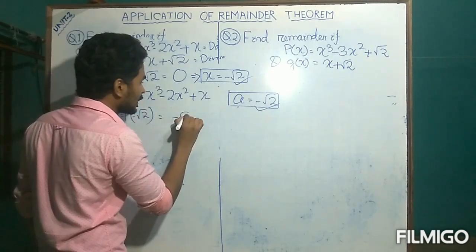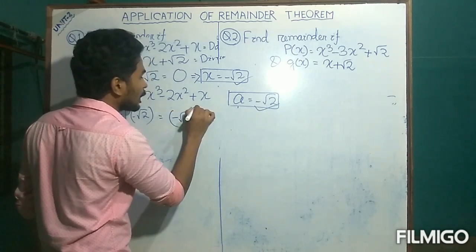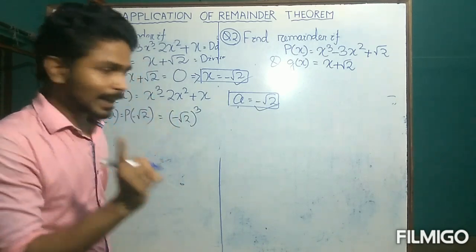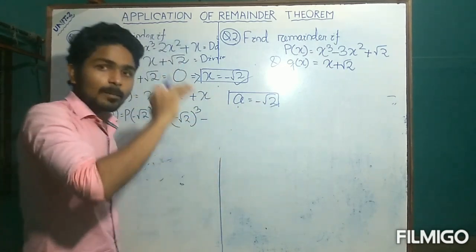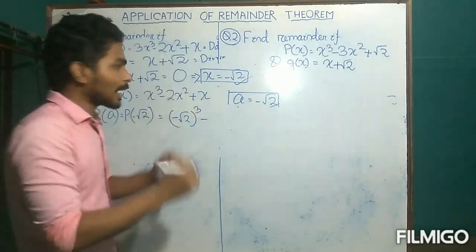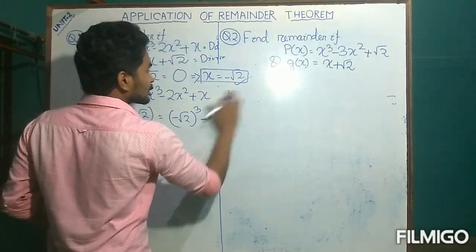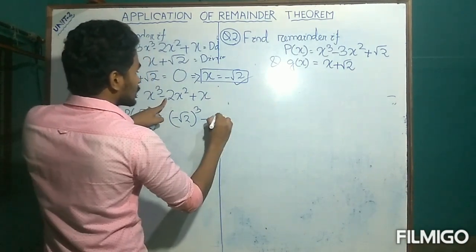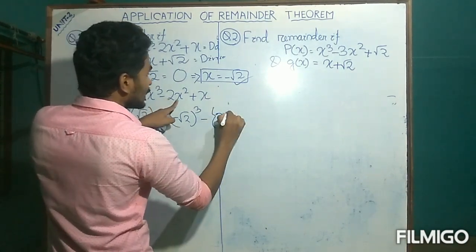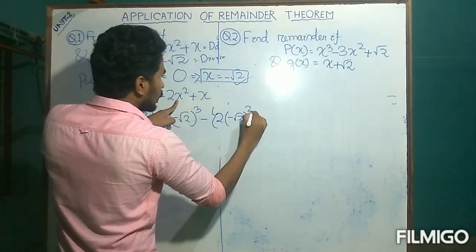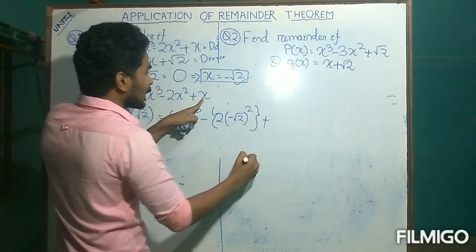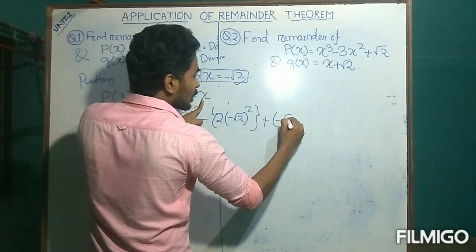So put minus root 2 whole to the power 3. Always use brackets. Do not open the bracket until you solve inside the terms of the bracket. Then minus 2, use a curly bracket here, then x to the power 2, that means minus root 2 whole square, and then plus x, that means minus root 2.